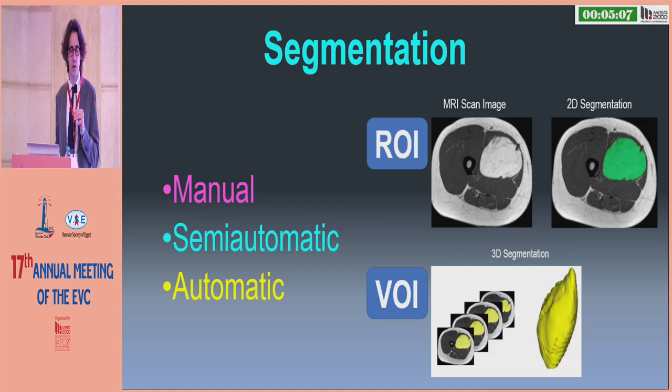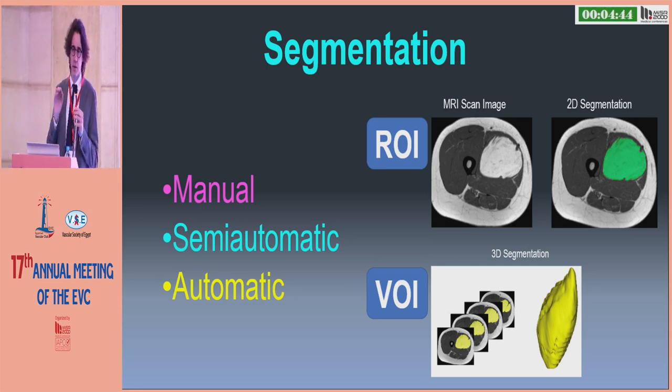Segmentation can be as a ROI or VOI, which is the region of interest or the volume of interest. This, again, is relatively easy. I'm sure you're all used to that with standard software. However, for a radiomic analysis, there are dedicated softwares that are usually open source, like 3D Slicer, for example, that you can easily learn to use.